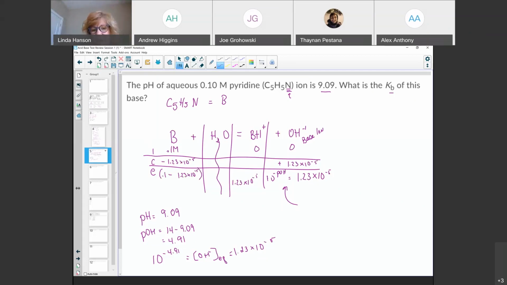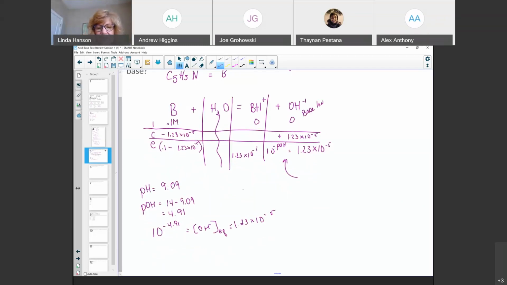Once we have that entire row filled out for KB, we already have what we need to calculate products over reactants. So the KB expression would simply be the hydroxide ion squared, because it's representing both the conjugate acid and the conjugate base, over the difference between the original concentration of 0.1 and that molarity we found for the base.